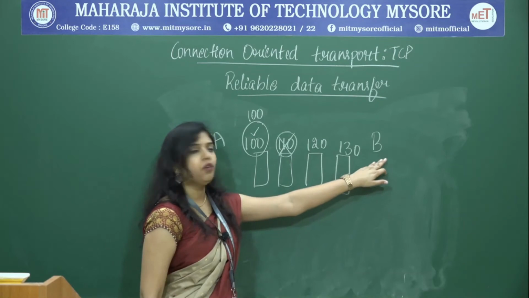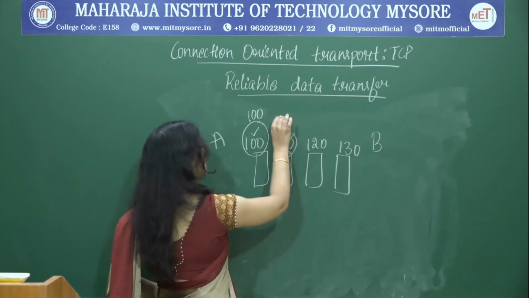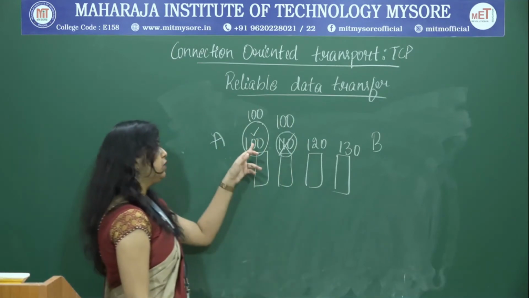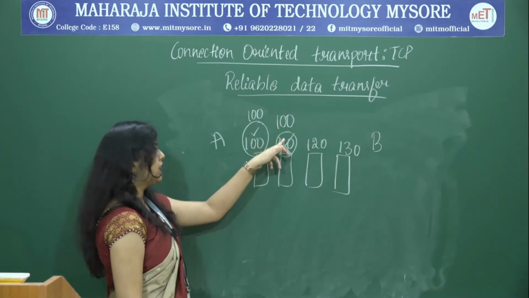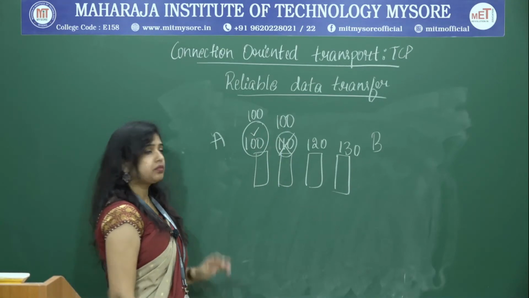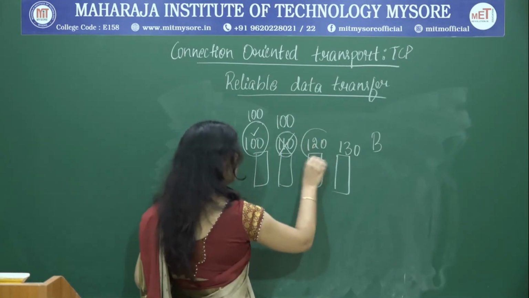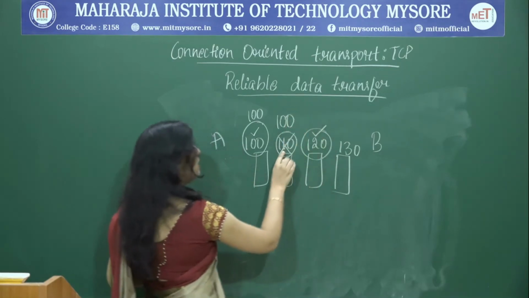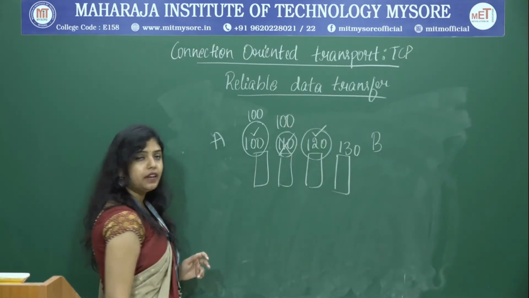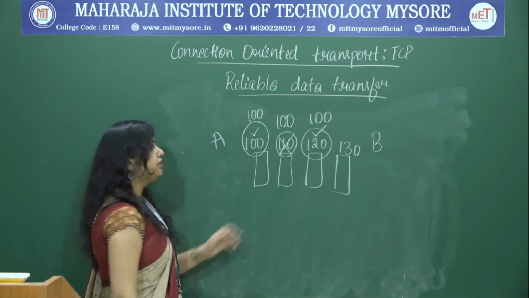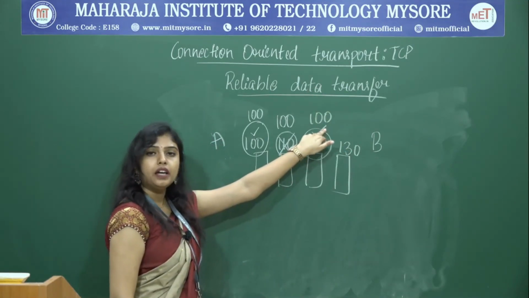What will host B do? It will send the acknowledgement of the previous, most recently received packet only. And then, before timeout, if 120 is sent, even though it was correctly received, since 110 was not received, here also it will send the acknowledgement number 100 only.